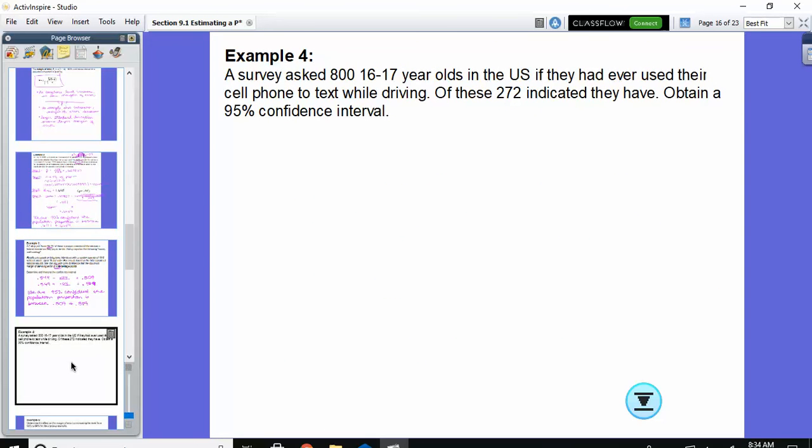A survey asked 800 16 to 17-year-olds in the U.S. if they had ever used their cell phones to text while driving. Of these, 272 indicated they have. Obtain a 95% confidence interval. So if we go through our steps, what's the first thing I need? P-hat. That's X over N, so 272 out of 800.